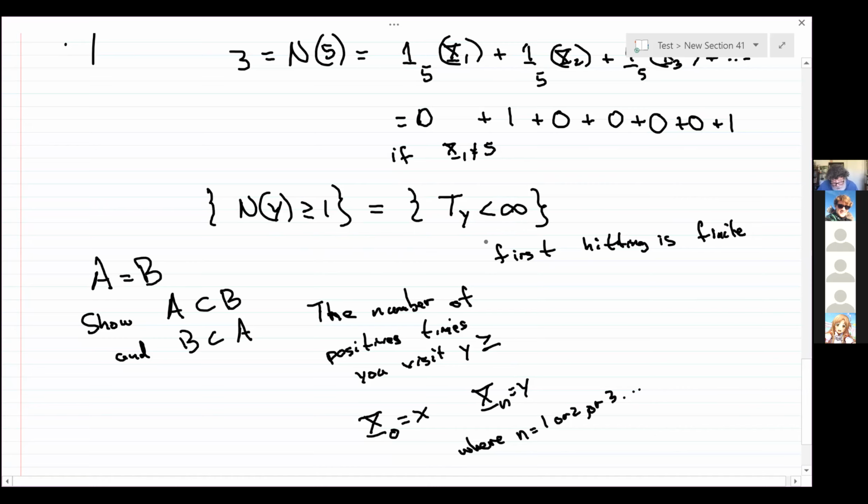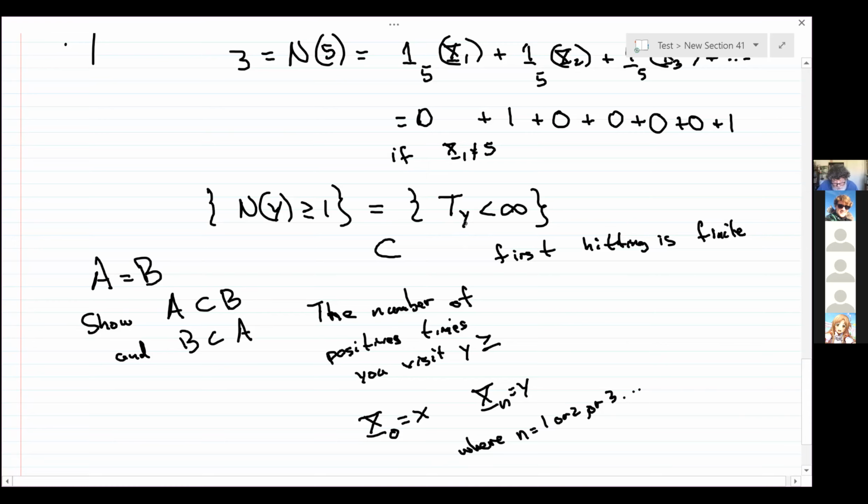That's all I'm trying to argue. If I actually visit Y for either n equal 1, 2, 3, or something, then there's a first time that I visit Y. That's finite. So what I've shown or argued there is this conclusion, that if this happens, then this happens.